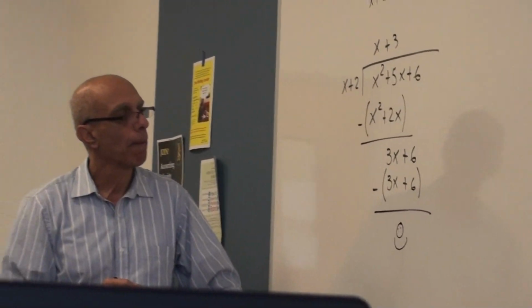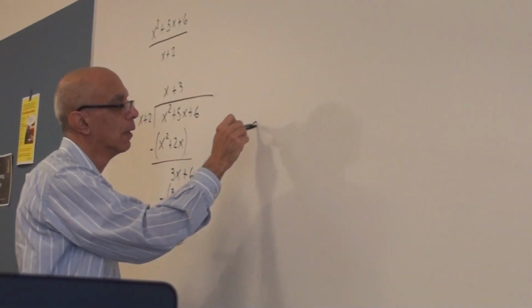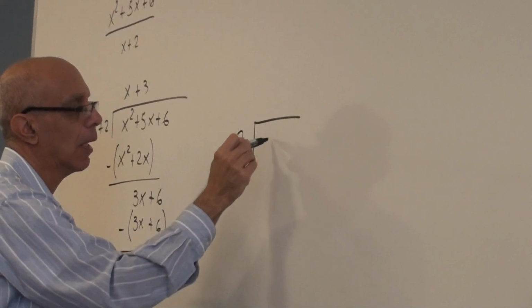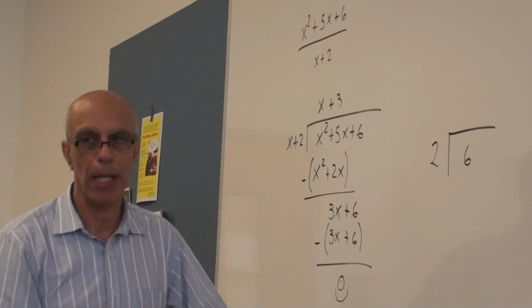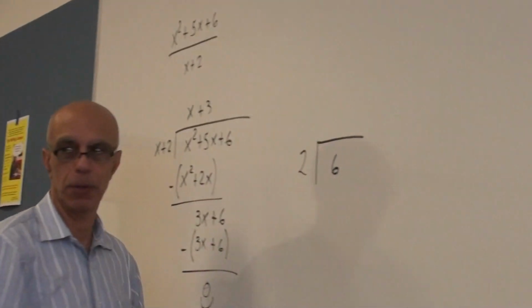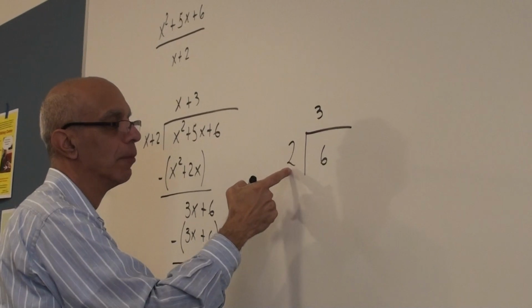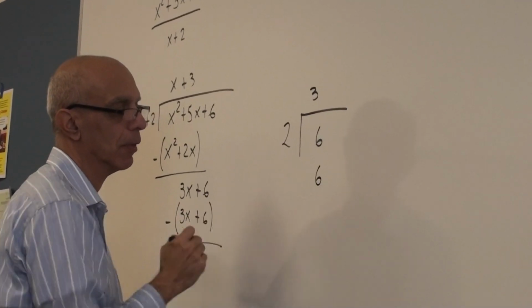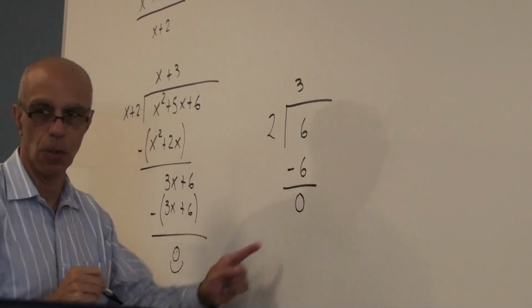So when I divide 6 by 2, what's going to happen? What is the term that I put here now? 3, right? So that means 3 times 2 is 6. And here I subtract, negative sign, and then 0, no remainder.